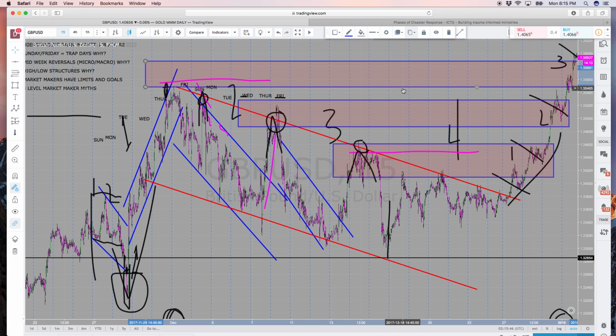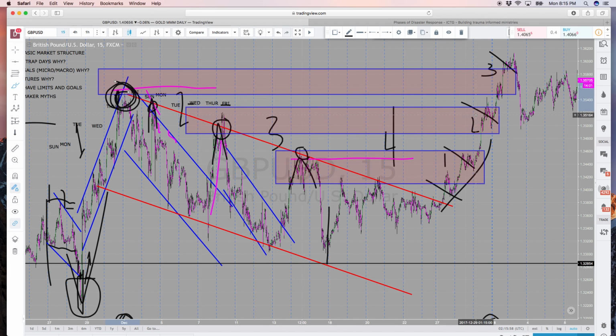Notice how this was the high of December. They did not break that high until the new year.